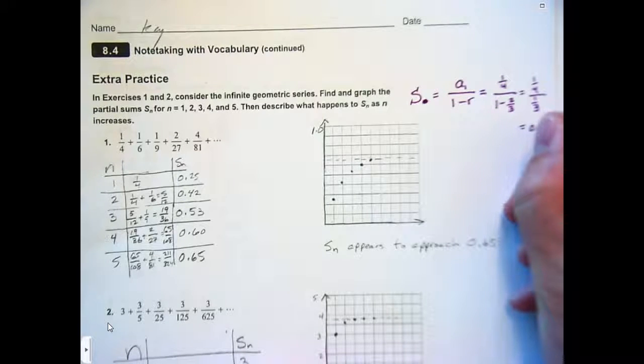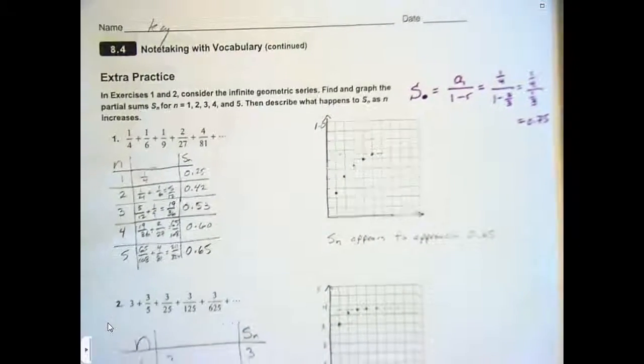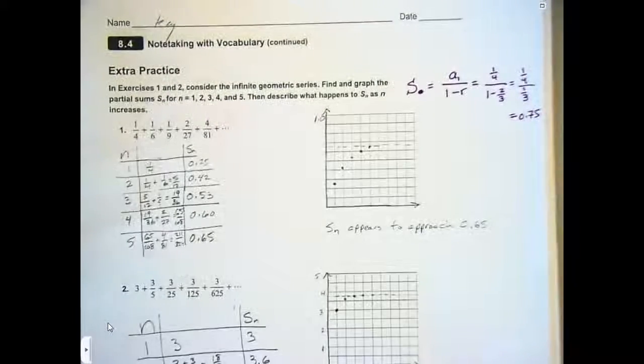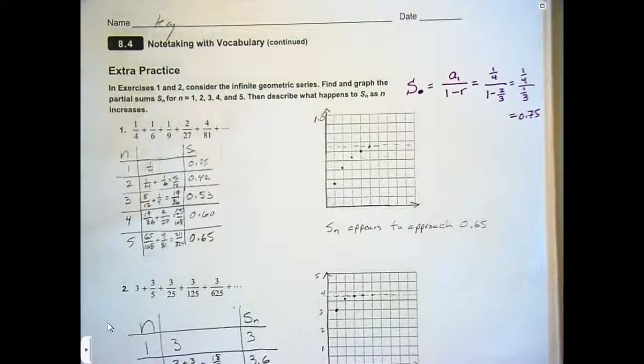Yes. Or 3/4. Okay? So if we kept going, we'd eventually get up to 0.75. That's how this is working. That's graphically what we're exploring there. Okay? I don't want to spend a lot of time on that, but that's what we're doing there.